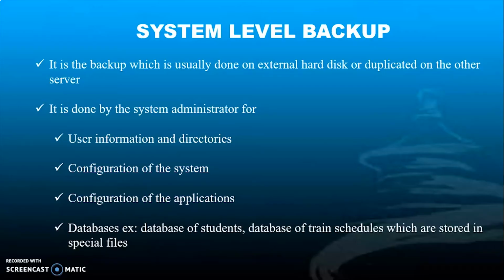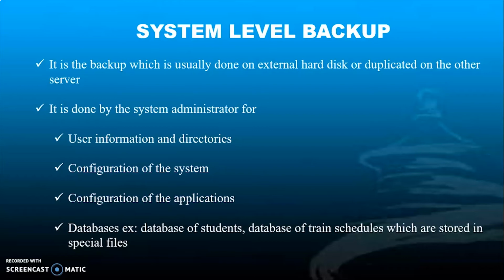And then we are going to see the system level backup. It is the backup which is usually done on any hard disk, or duplicated on any server, which here means the cloud storage. You can duplicate there or else you can copy it in your hard disk.